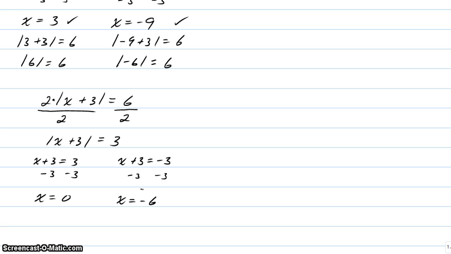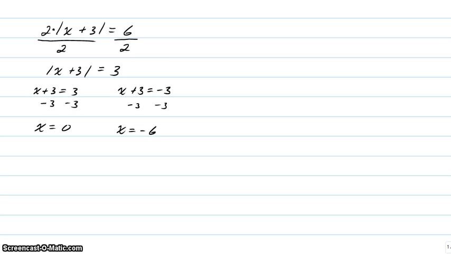And if you're not convinced that that's the answer, all you have to do is plug it back in. We're just going to do the check. So when I plug 0 back in for x, 2 times the absolute value of 0 plus 3, I want that to equal 6. So that's 2 times the absolute value of 3, which is 2 times 3. And I got myself a true statement.